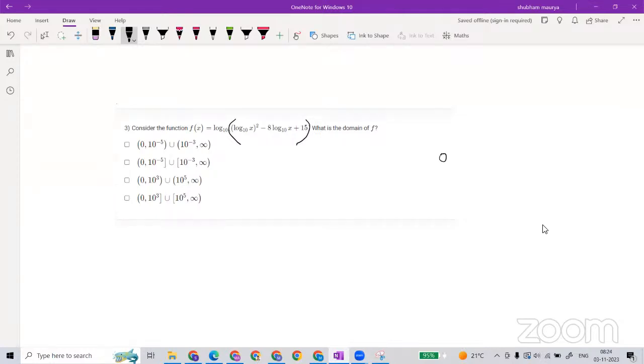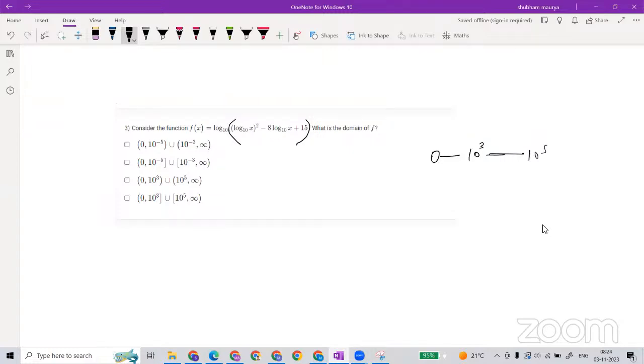But here they're giving 0 to 10 cube. That part I'm not able to understand. Third option is the correct option, they are saying, sir. But I am getting positive from 10 cube to infinity union 10 power 5 to infinity.